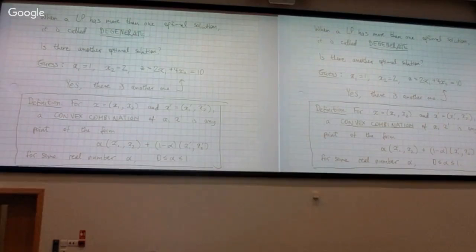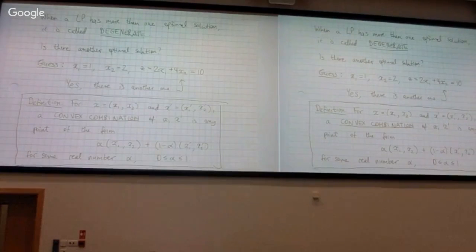So once again, what you get is one vector that has entries x1 and x2, it's a 2-dimensional vector, and another one, and then you say that the convex combination of these vectors is you take any number alpha between 0 and 1, real number, you multiply the first vector by alpha and the second one by 1 minus alpha.